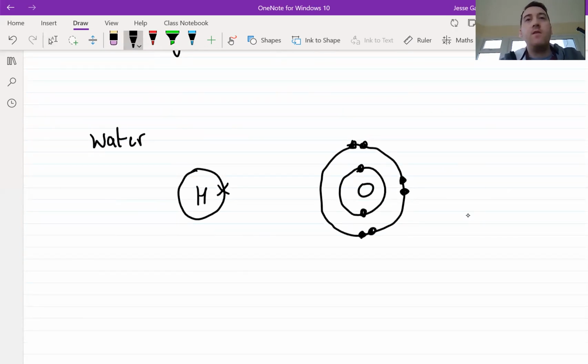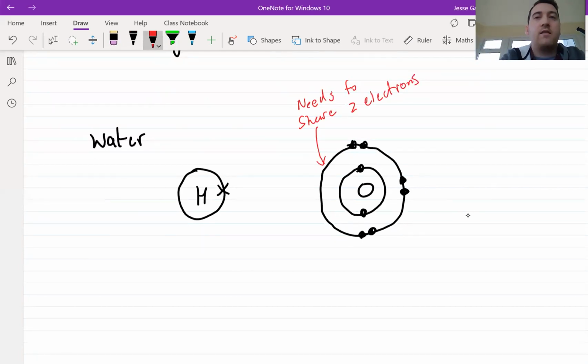Okay. Now, as we already know, oxygen, what does it want? It wants to get 8. So oxygen needs to share 2 electrons to get 8. Okay, it's only got 6 in its outer shell at the moment. It needs to share 2 electrons.